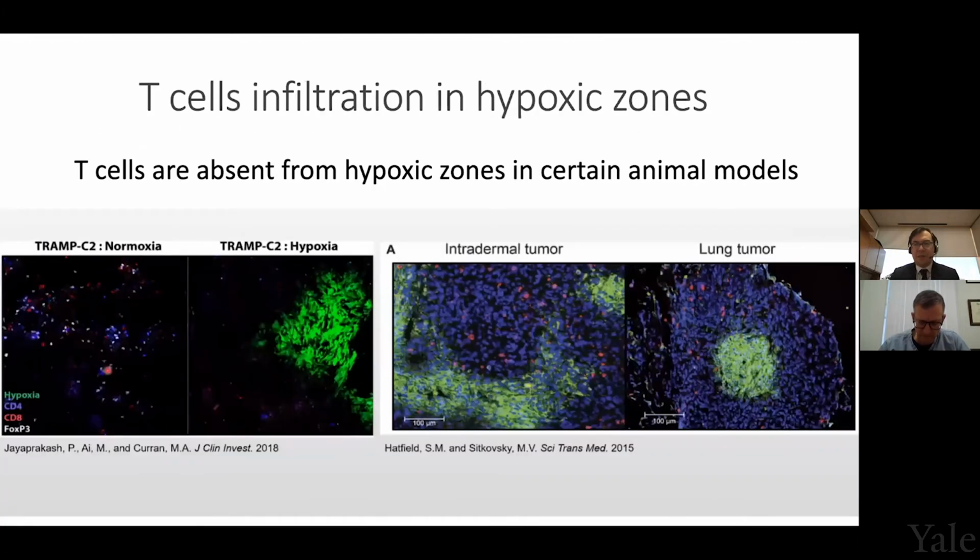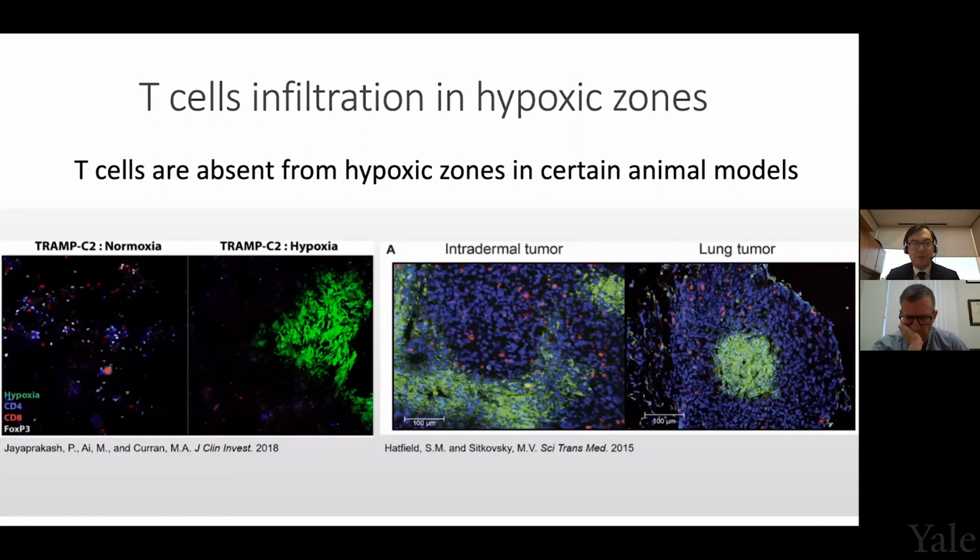As an interventional radiologist, I think this is a very important study and a very important picture to absorb. These are animal models. The TRAMP-C2 model is a prostate animal model, and on the other side, we're dealing with a lung cancer model. The green is a marker for hypoxia, a marker that we'll see in a little more detail later.